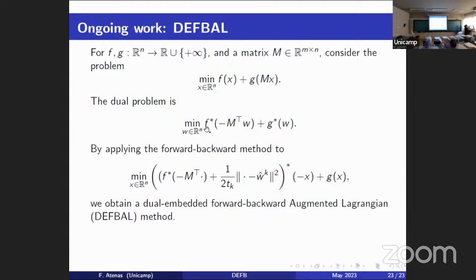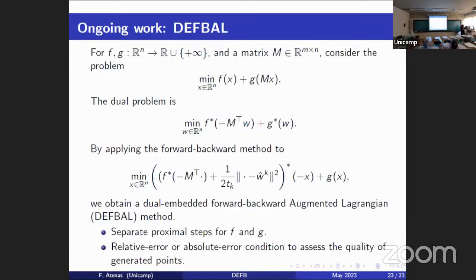So here we have the conjugate of f, plus the quadratic term associated with the proximal point. We compute the dual of that problem and apply the forward-backward method to it. DEF is the same as before, dual embedded forward-backward, an augmented Lagrangian method, because in this case we obtain an approximation of the augmented Lagrangian problem for the general formulation, not just for the stochastic optimization setting.